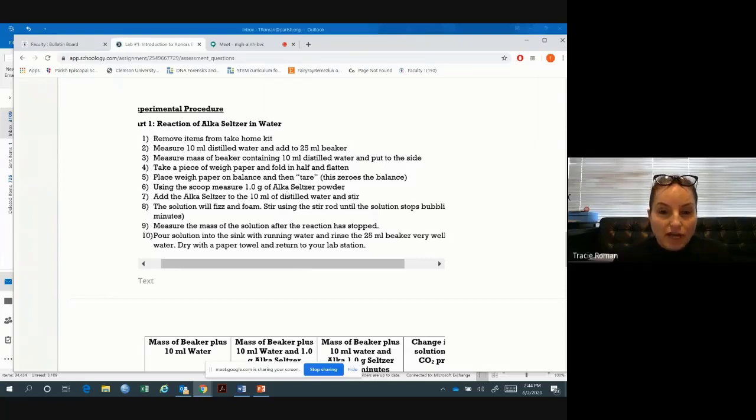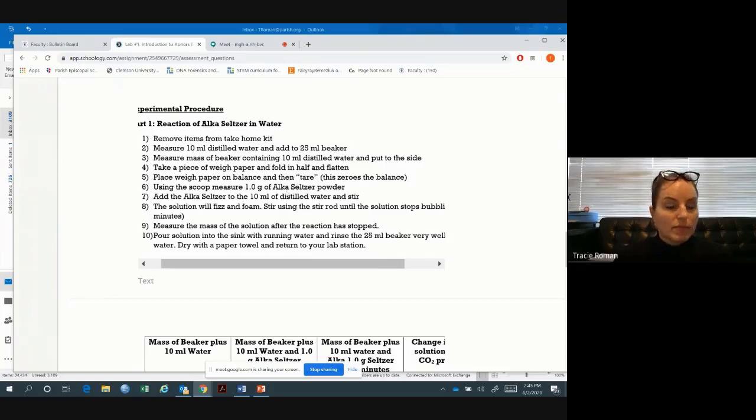You'll just divide the Alka-Seltzer into 3 parts, because 1 tablet is about 3.1 grams, and then you'll use 1 part each time. Like I said, I ordered more of the balances, and I will bring those to you once they come in.